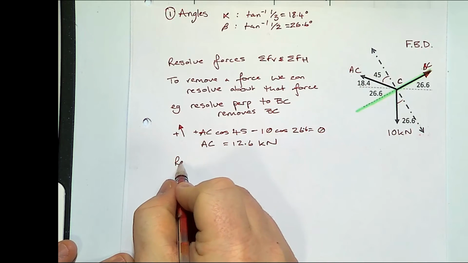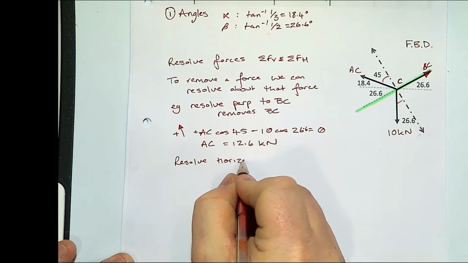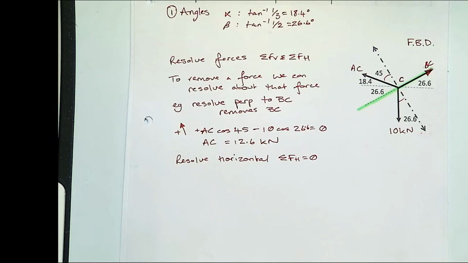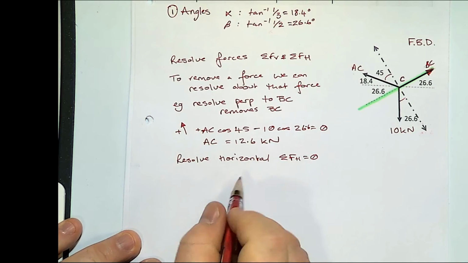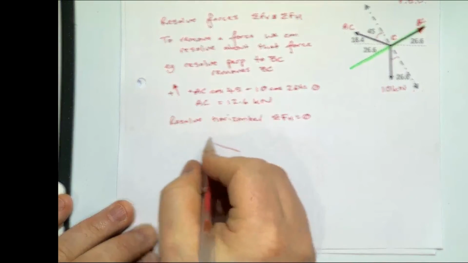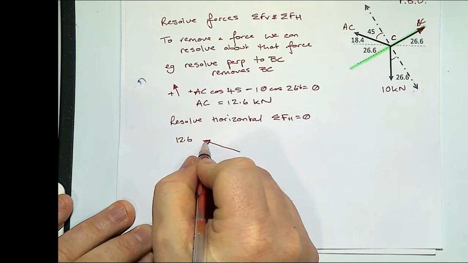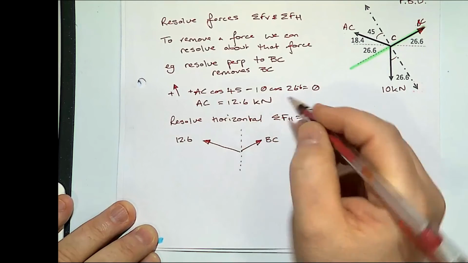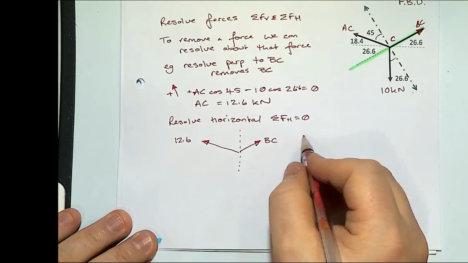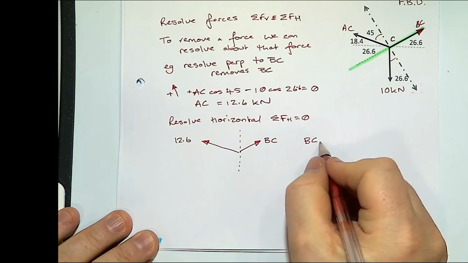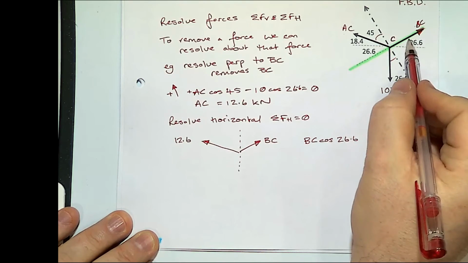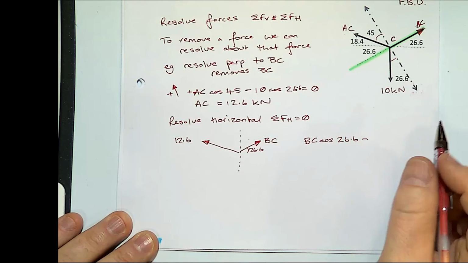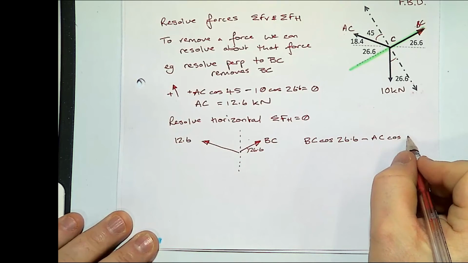Then after this we'll resolve horizontal. So we've got a 12.6 AC, we've got our BC, and because we're resolving horizontal, we're ignoring the 10 that's coming straight down. We've got BC cosine 26.6, minus AC cosine 18.4.